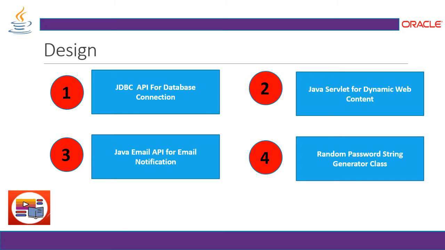We need a business logic to be implemented, and communication from the front end, the browser, to the server is called Java Servlet for dynamic web content. Then email notification, for that we need the Java Mail API. And 4, we need a class file which actually creates a random password string.